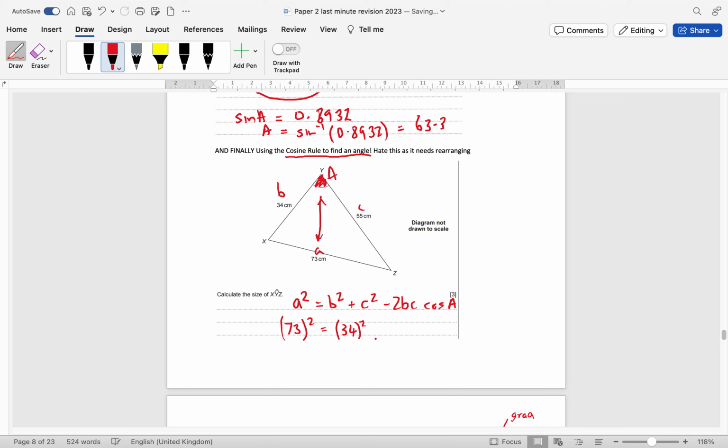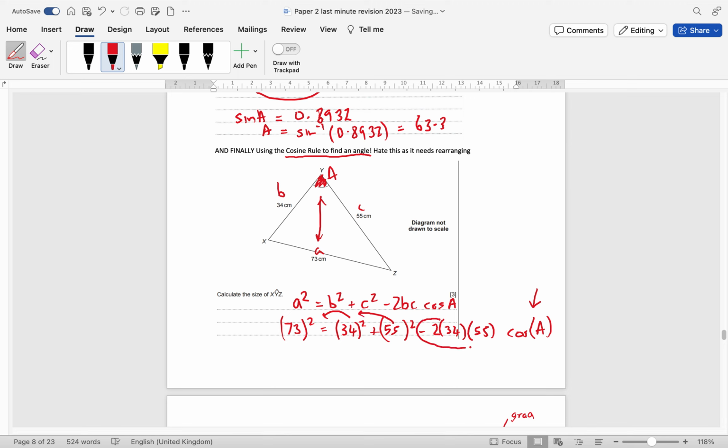B and C, don't matter. Plus C squared minus 2BC cos, and that's what I don't know. Right. That can go over as a minus. That can go over as a minus, okay?